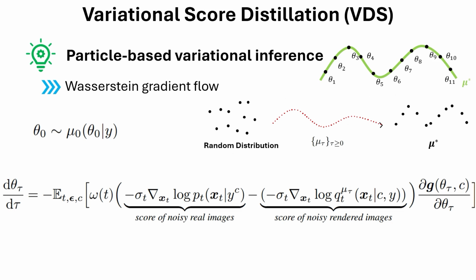And coming back to our equation, you can see that here again we are having the gradient of log probability of the pre-trained diffusion model, but multiplied by negative sigma t, which should be the opposite direction of the score function, or in other words, the noise prediction objective of the diffusion.